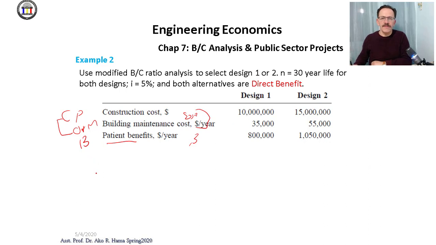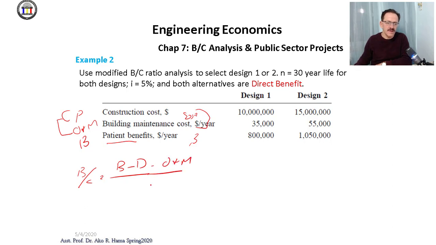You remember B over C is equal to benefit minus disbenefit, divided by building, operation and maintenance cost, which is the cost. In this example the disbenefits are equal to 0, so we have just to include these two items.